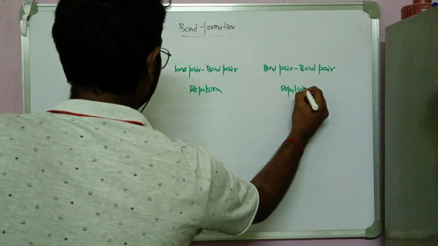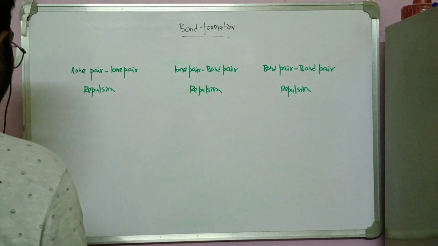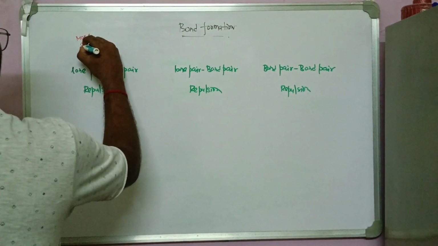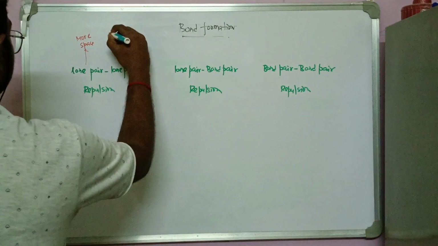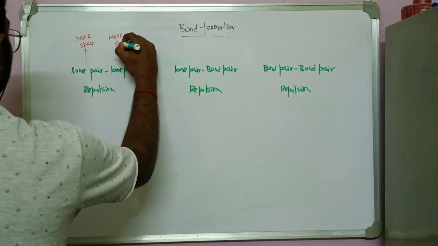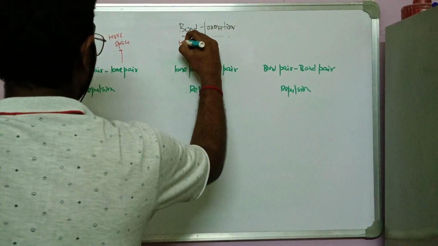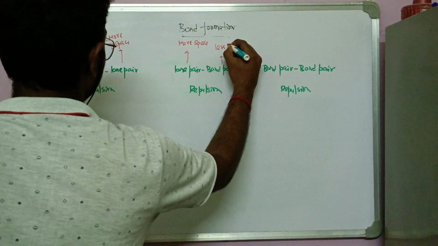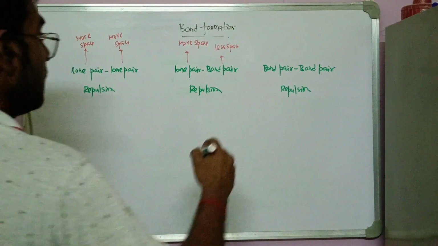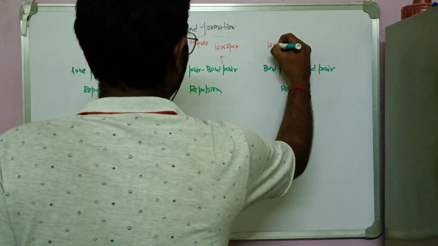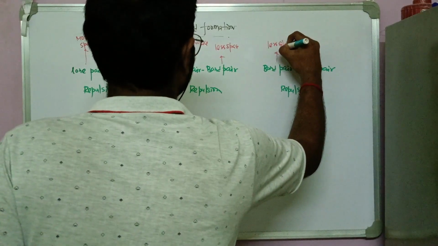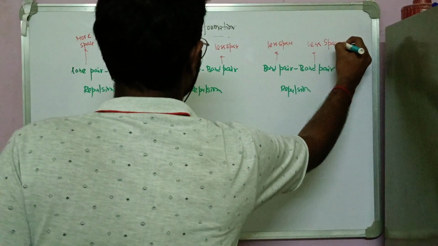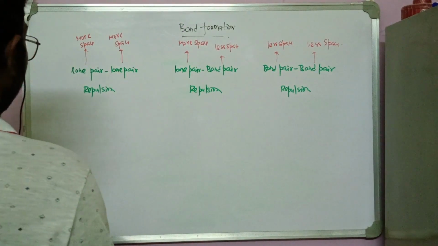The lone pair has to acquire more space, while the bond pair needs less space. Bond pairs are always satisfied and will not need any kind of space because they have the influence of both the nuclei.